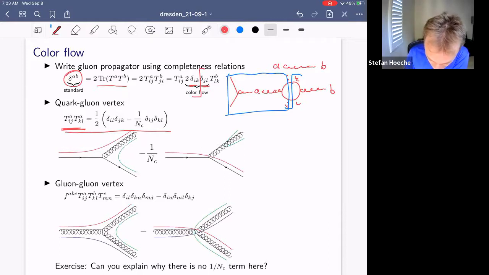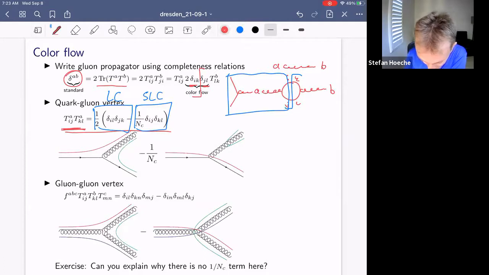And what I obtain is a leading color term, which is the first guy here. This is leading color. And this term is kind of sub-leading color, if you will, or next to leading color, depending on how your counting is. And they can be mapped to two different diagrams pictorially, this one and this one.